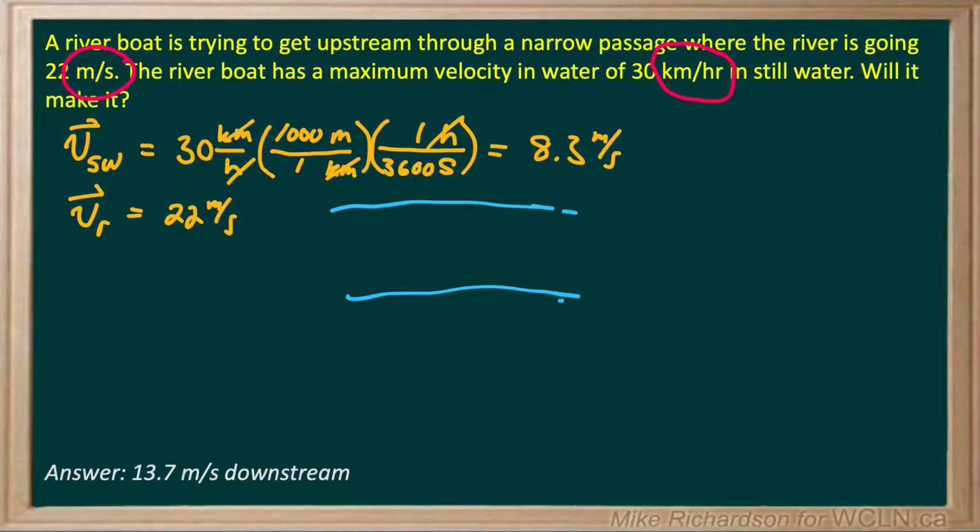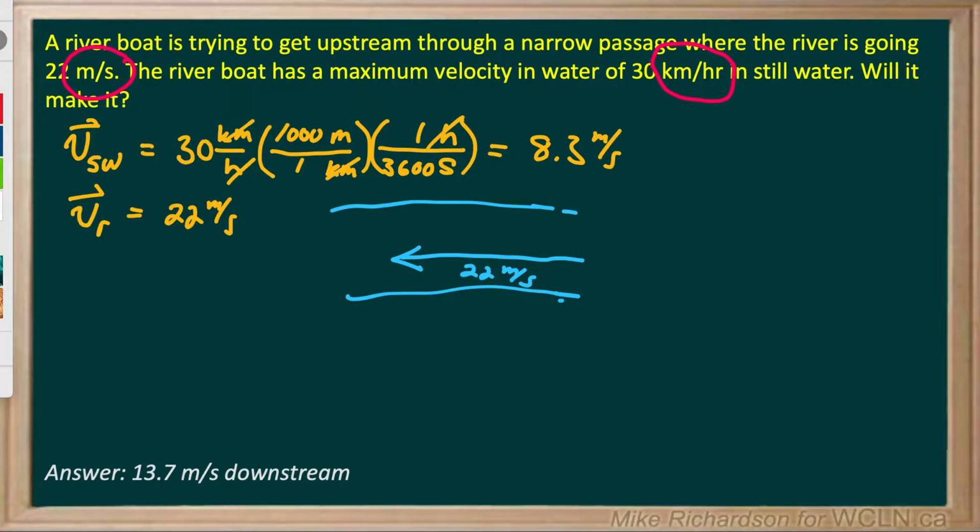So the river's velocity is 22 meters per second to the left. It'll look like this, a fairly long vector of 22 meters per second flowing to the left. Now the boat is going upstream against the current, and its velocity is smaller, but it's to the right.